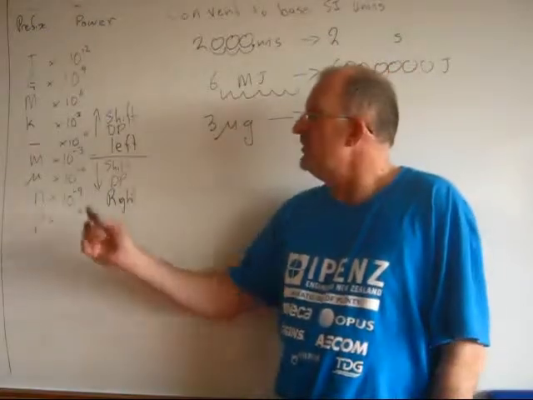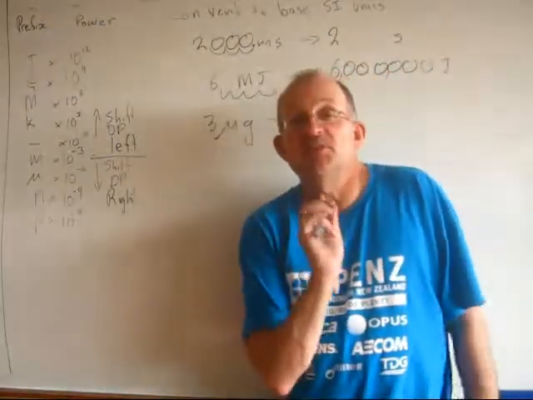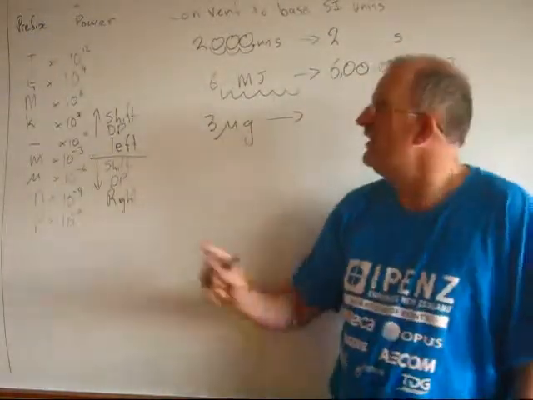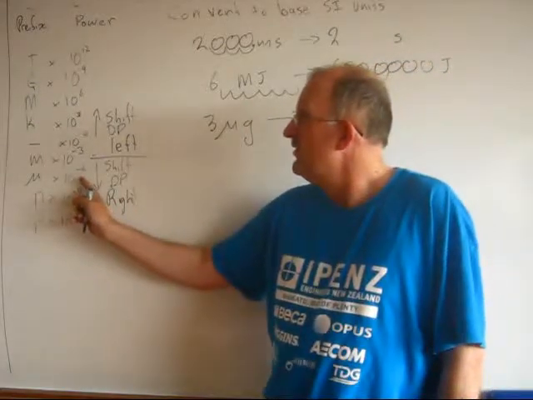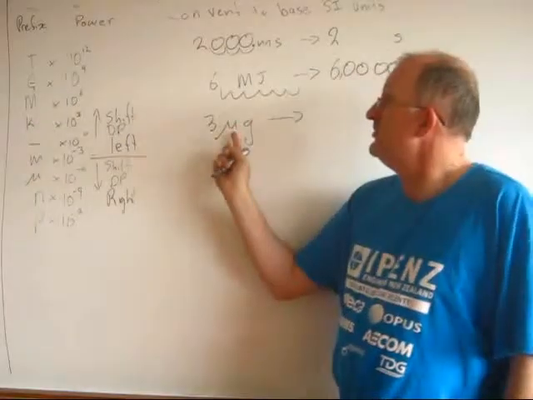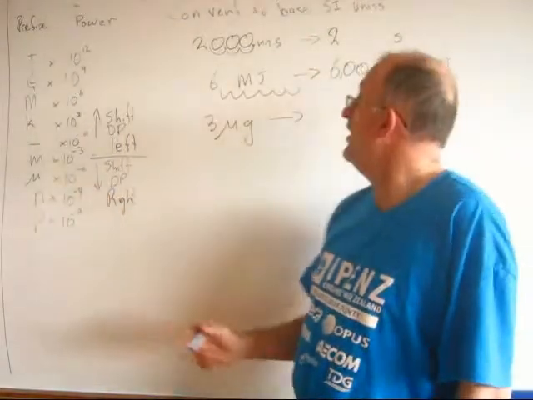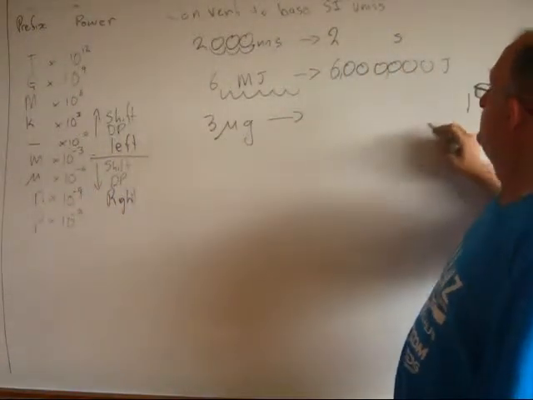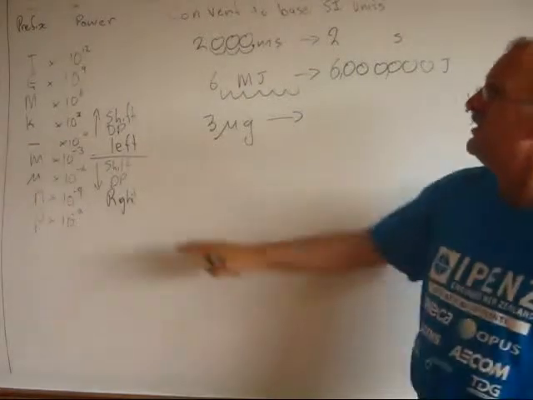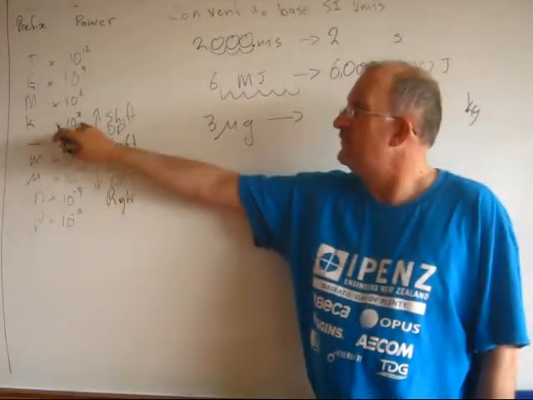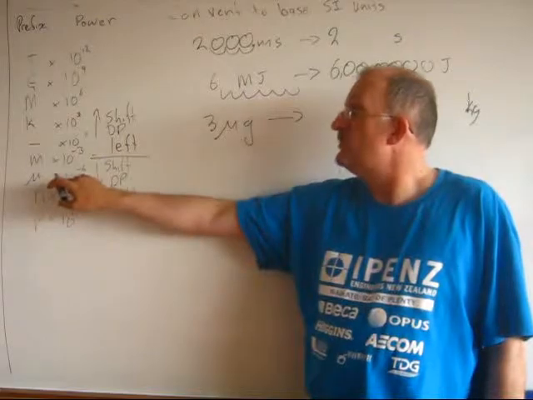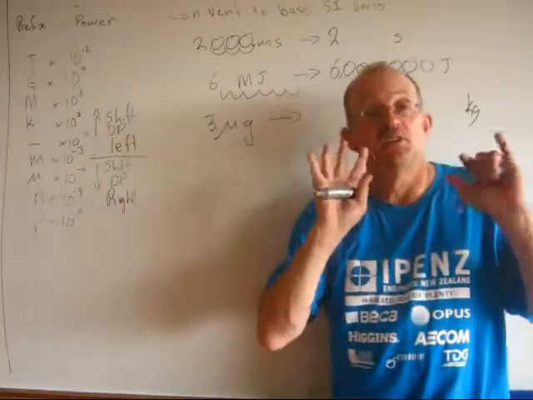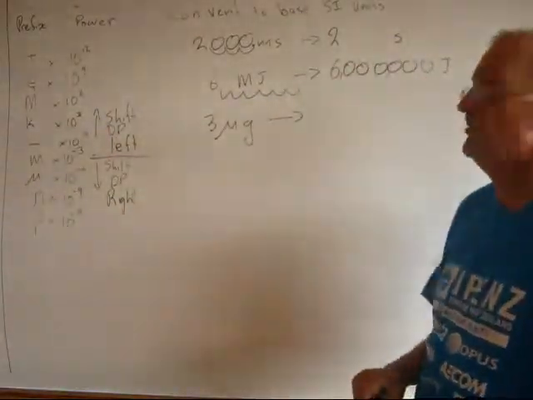Step 1, how many decimal places are we going to shift it? Micro is -6, and kg is 3. So the difference between -6 and 3 is 9 decimal places.